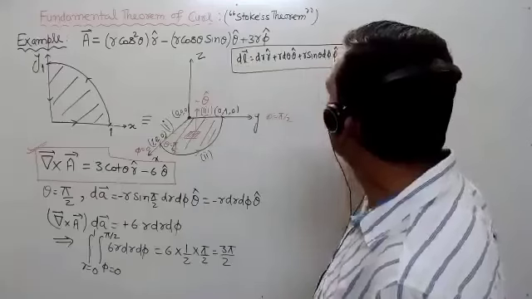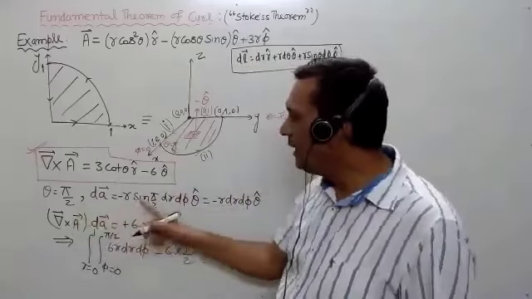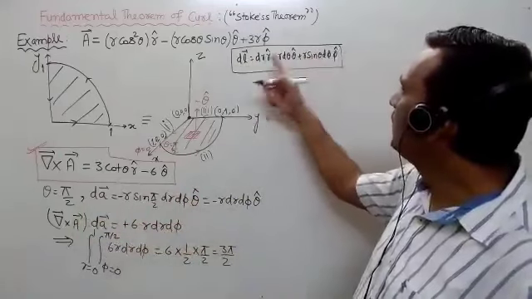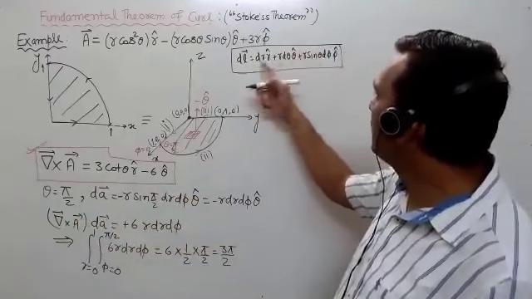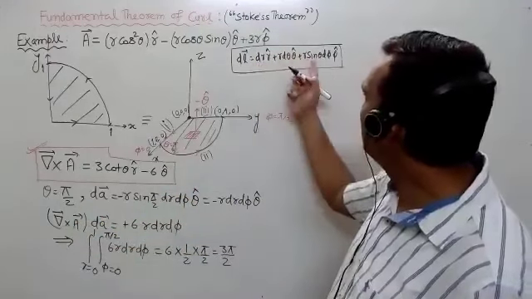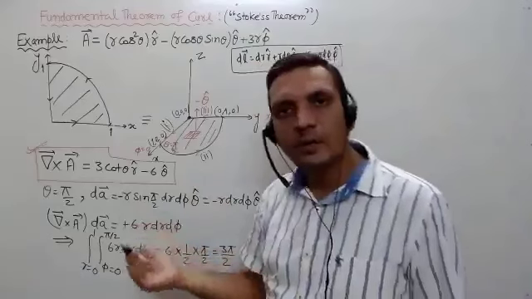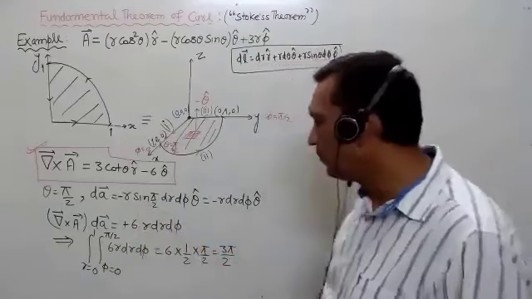This is dl. And dA, when theta is fixed, you multiply the two sides, so that is r sine theta dr d phi. Direction you have to see, plus theta cap or minus phi cap.